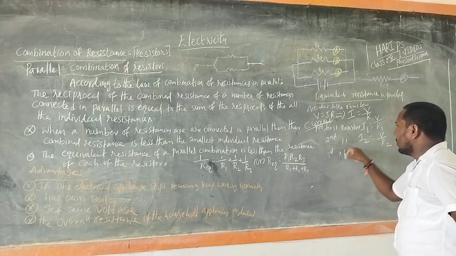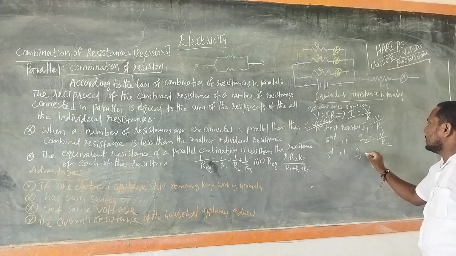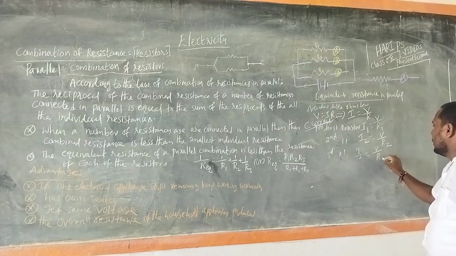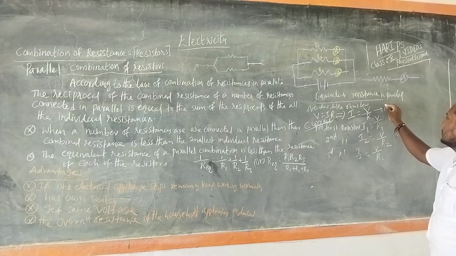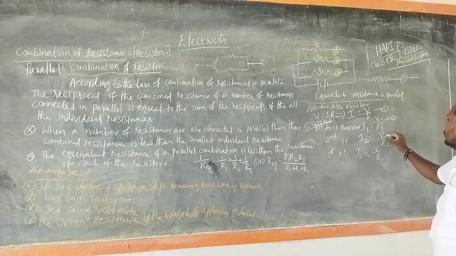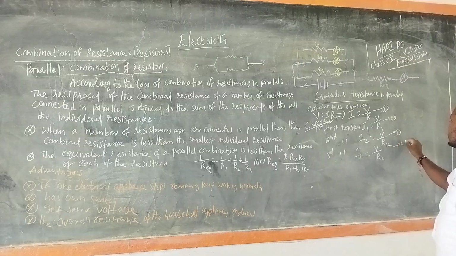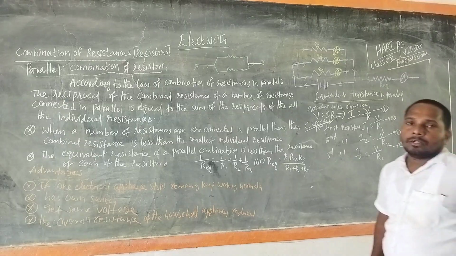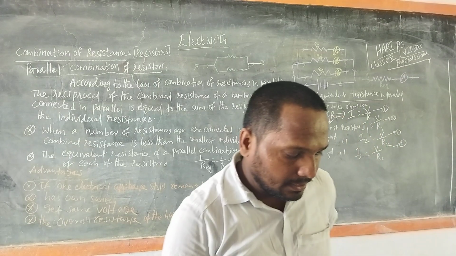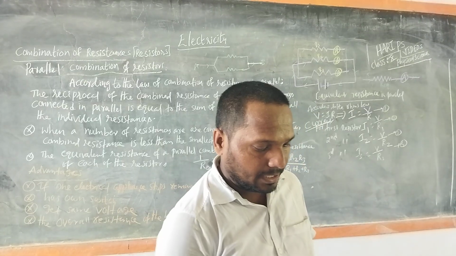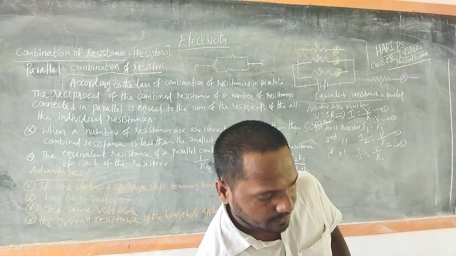For the third resistor, I3 is equal to V by R3. Consider these as equations 1, 2, 3, and the total current as equation 4. So we have different currents. Let R be the equivalent resistance.